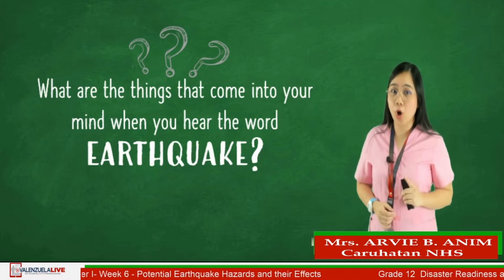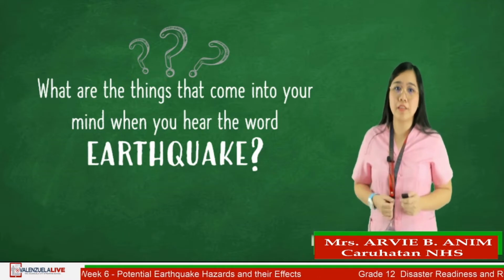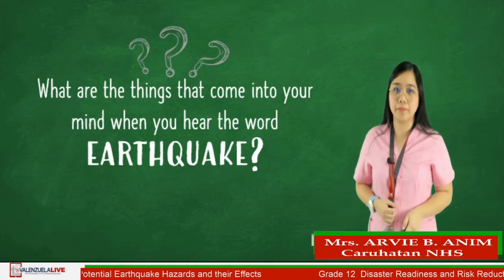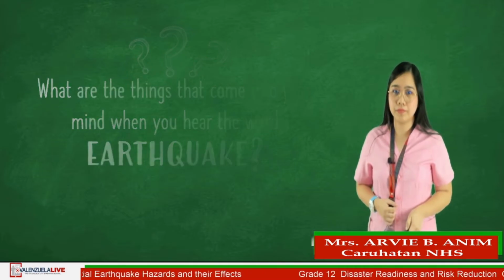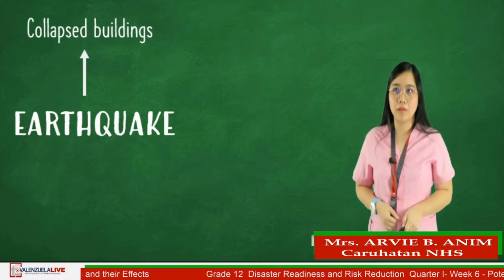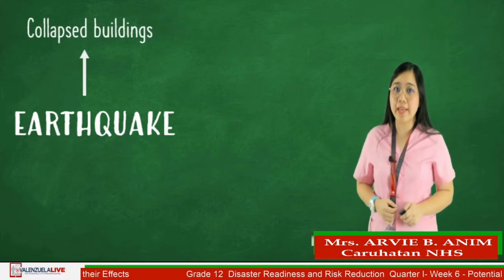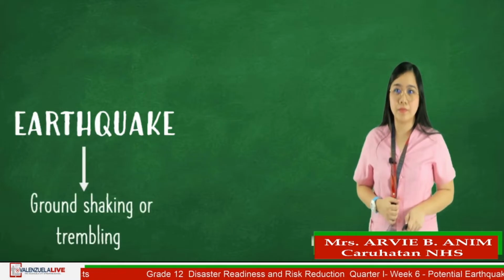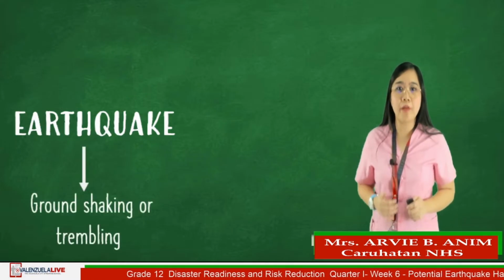And speaking of, what are the things or scenarios that come into your mind when you hear the word earthquake? Collapsed buildings and houses, landslides, shaking or trembling of the ground.